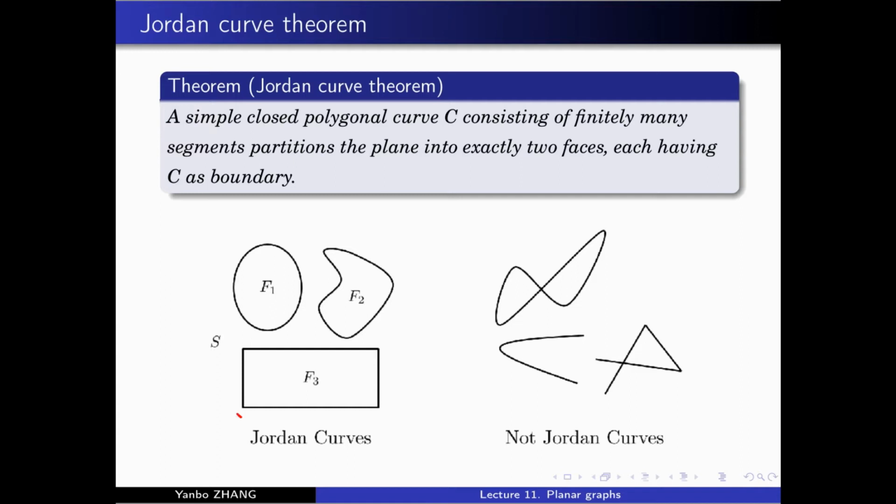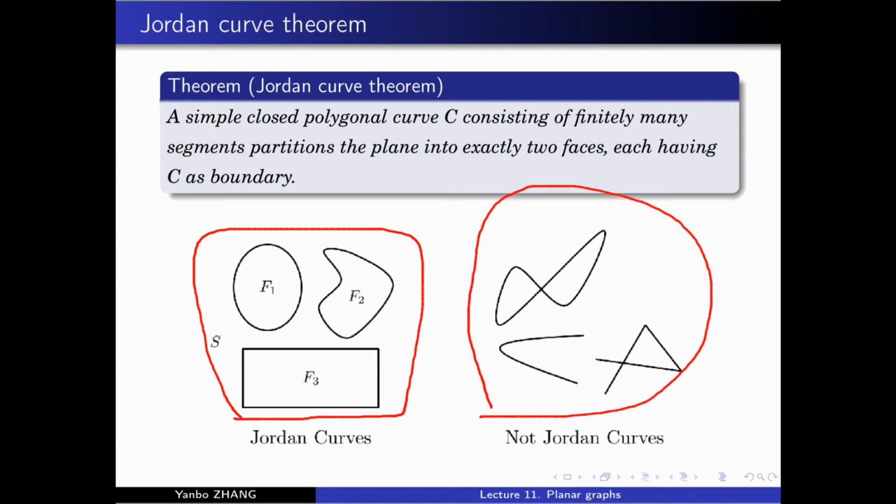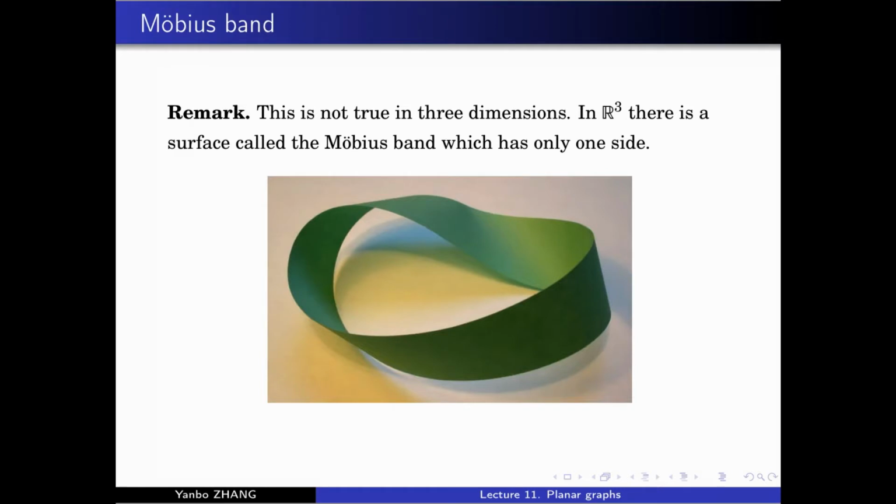Here in the left, all the three curves are Jordan curves, but in the right, the three curves are not Jordan curves, because this curve is not a polygonal curve. These two curves are not closed. We need to say that the result is true in two dimensions, in the plane, but this is not true in three dimensions.